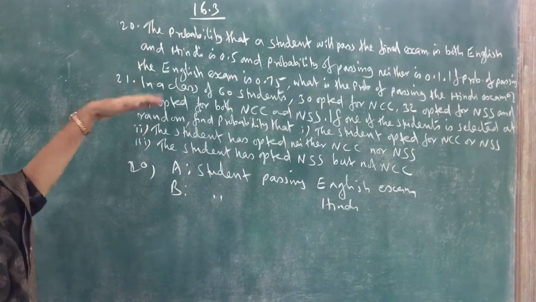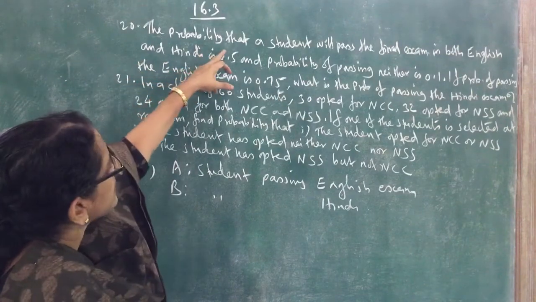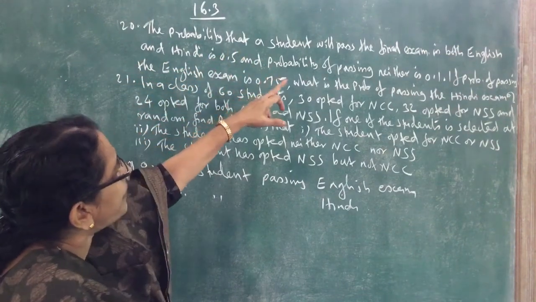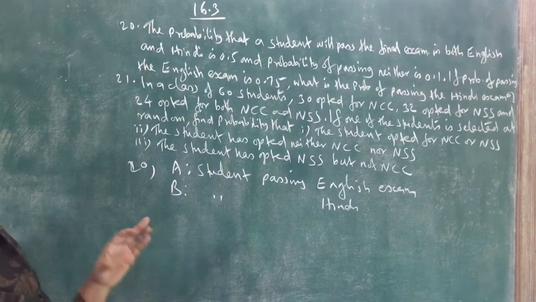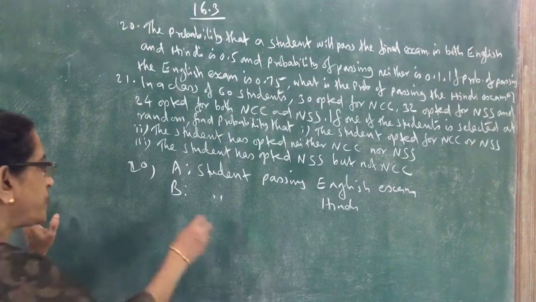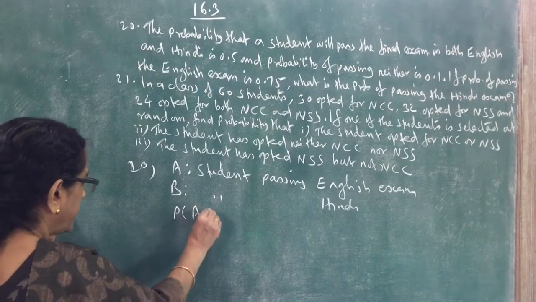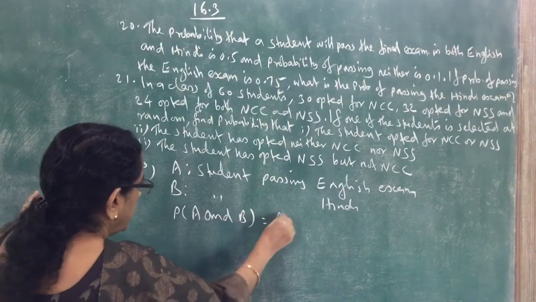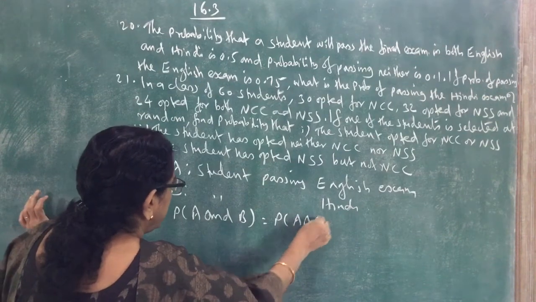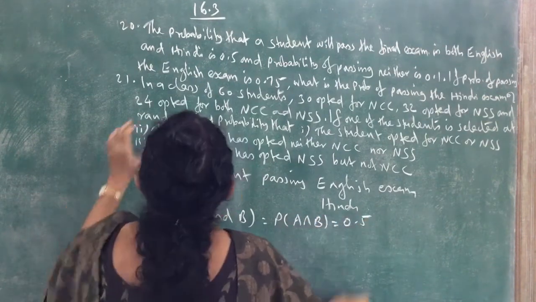Now what is given? The probability that a student will pass both English and Hindi means probability of A intersection B, that is, probability of A and B. So probability of A intersection B equals 0.5.